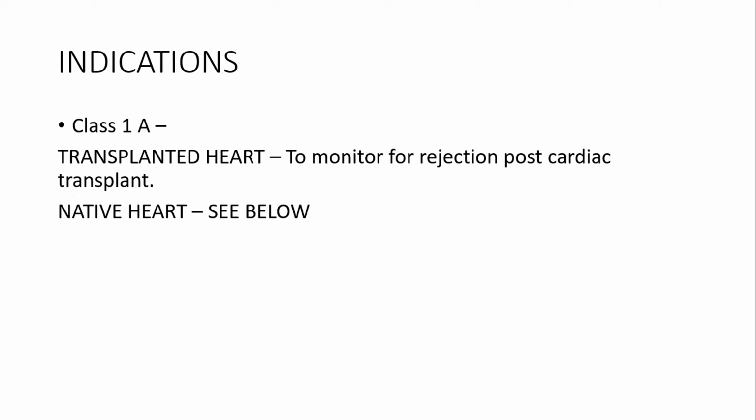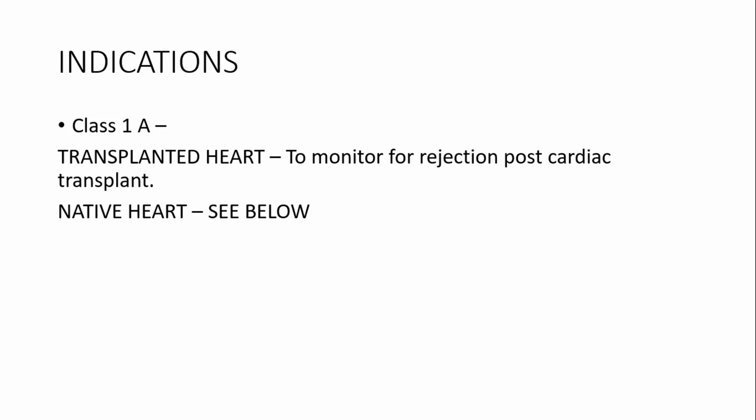So the indications for endomyocardial biopsy, we have the class 1 indications as well as the class 2A indications. The class 1 indications, you can divide into those for transplanted hearts, as well as those for native hearts. For a transplanted heart, which is the major reason why a myocardial biopsy is done, it is to monitor for rejection post-cardiac transplant.